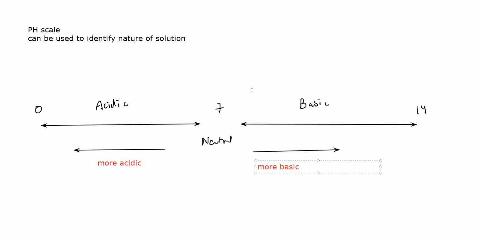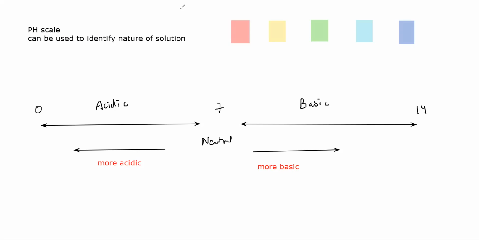For example, I have 4 bottles which contain 4 different substances, and I want to identify the nature of the substances.